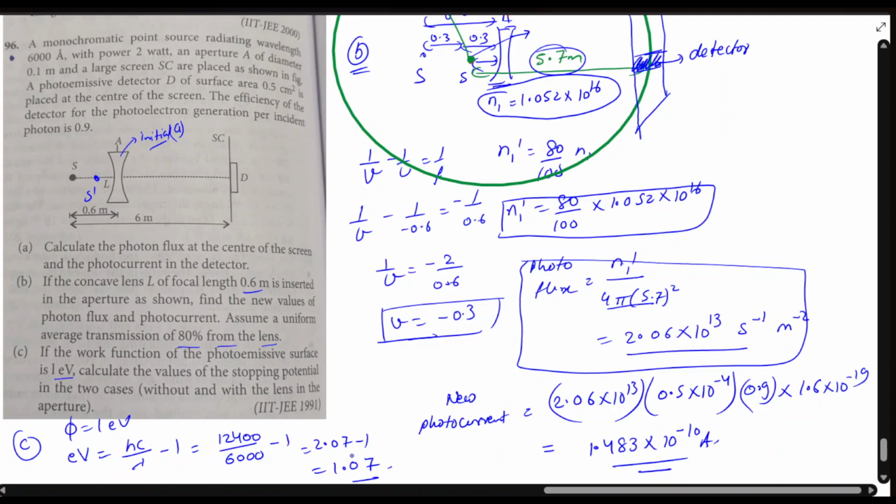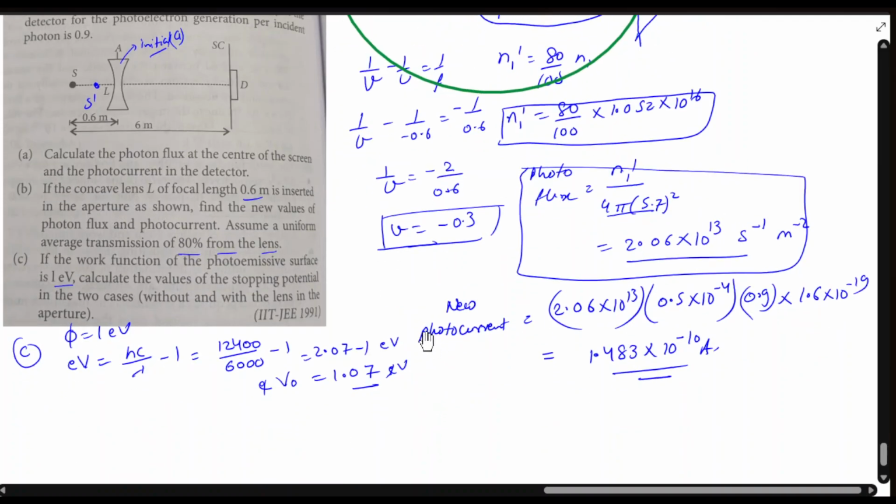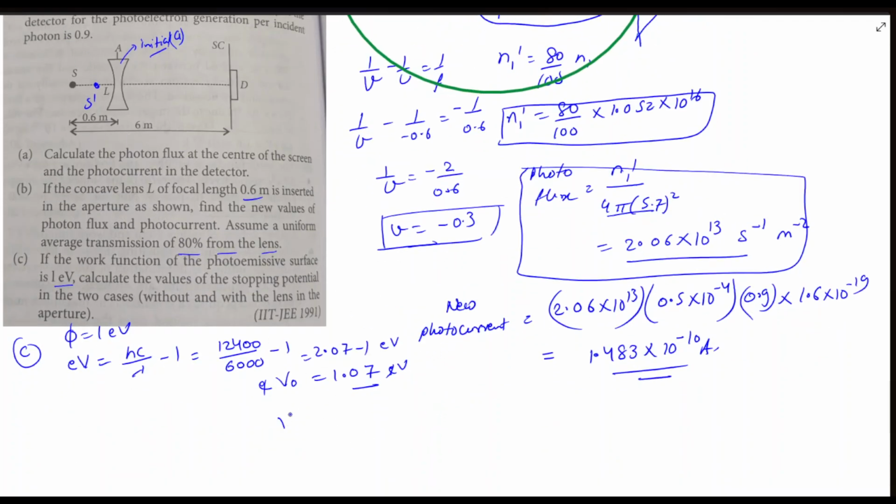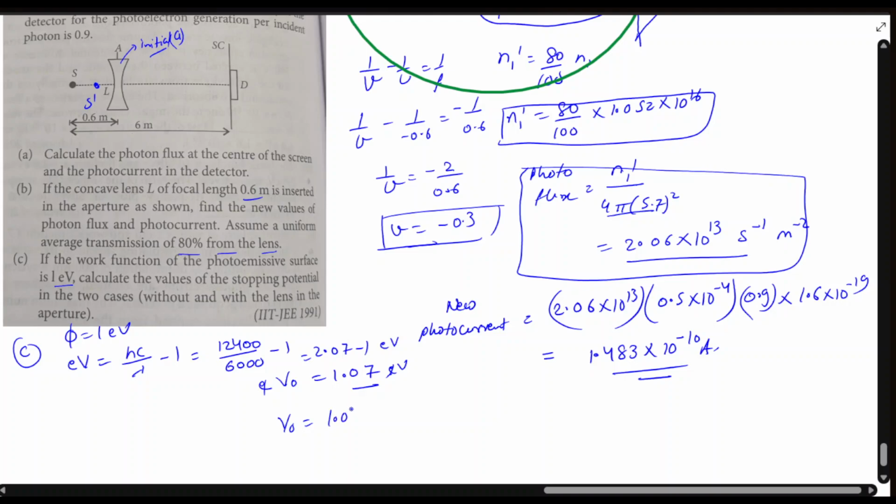Okay, so this will be our V naught, right? So it will come out to be in electron volt. E, E will get cancelled, so V naught will be 1.07.